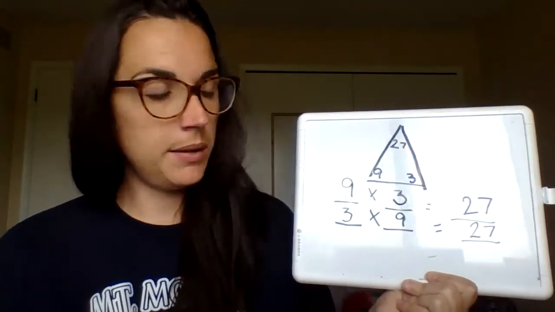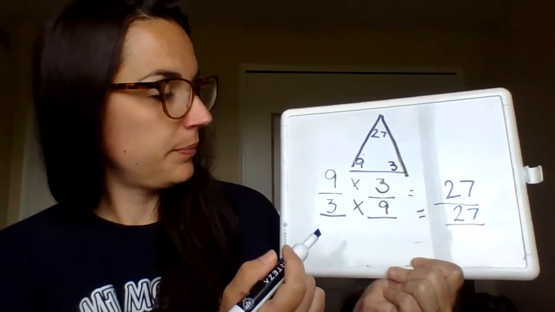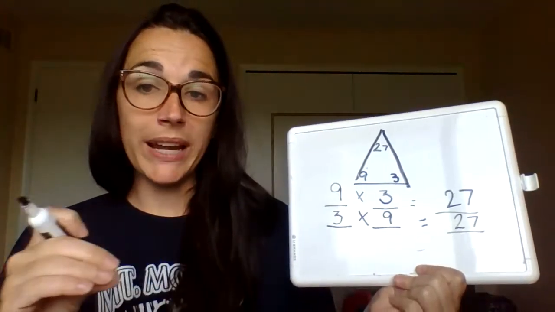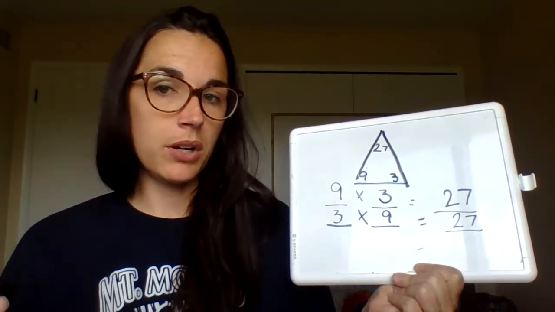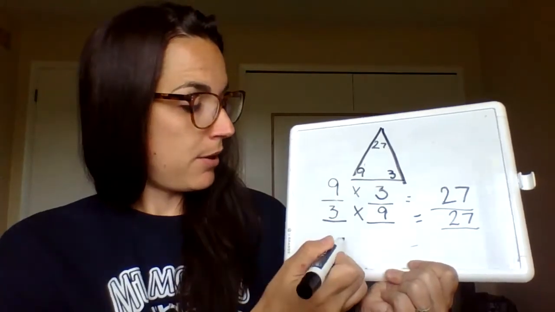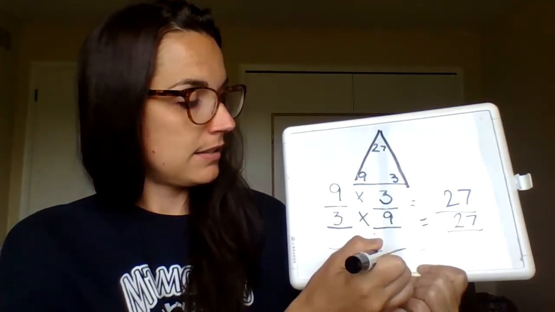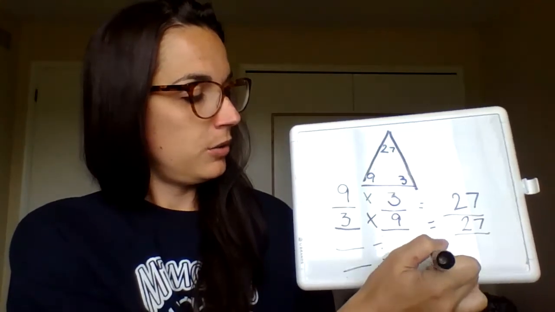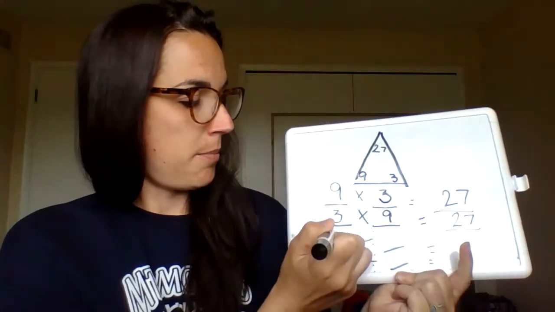27. Okay? Now division. Division is where we have a big group of something, we break it into small groups, and we look at how many are in each group. So to think about the division facts, we always must start with the biggest number.